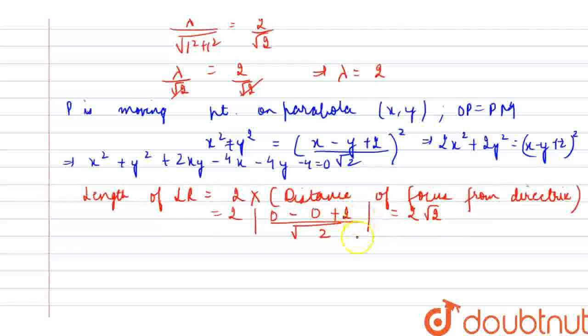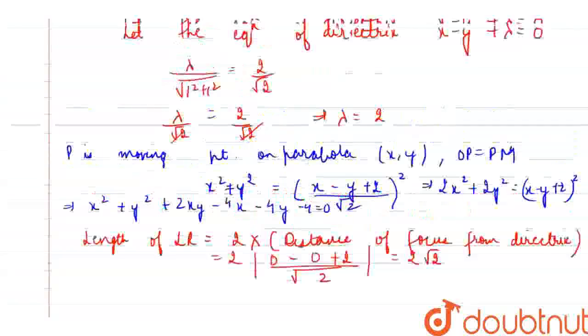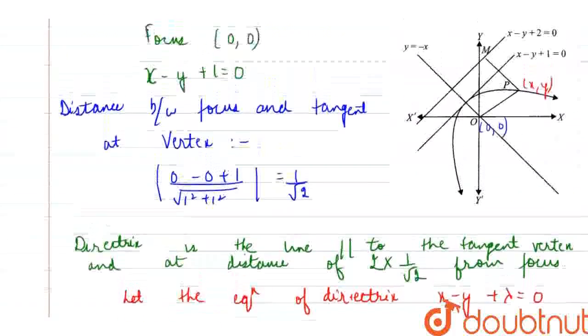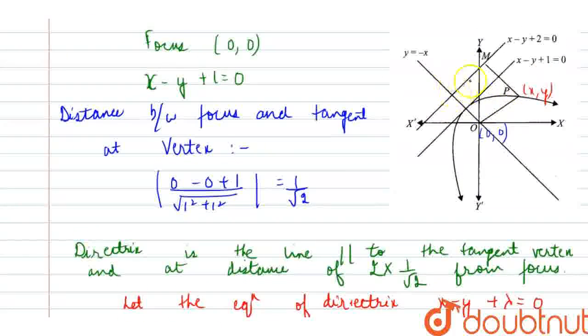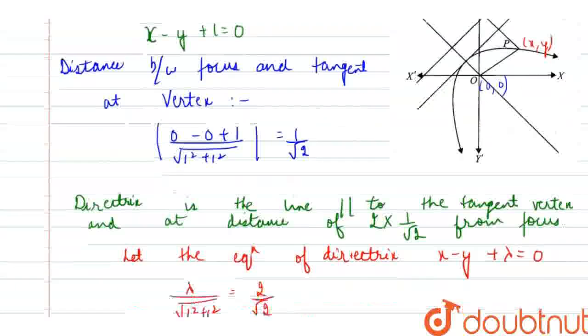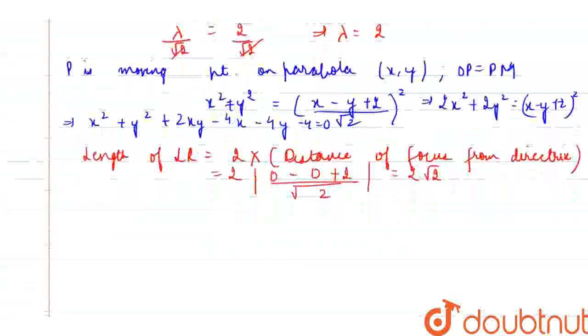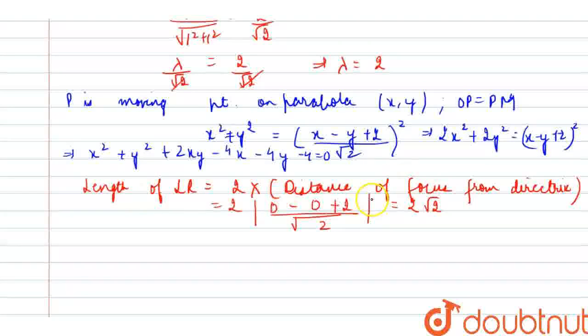Basically it would have been 4 upon root 2, so it becomes 2 root 2. This is how, because we have substituted the point (0, 0) in this line, applying the distance formula. So the length of the latus rectum is 2 root 2.